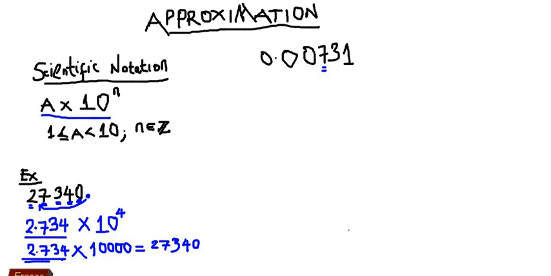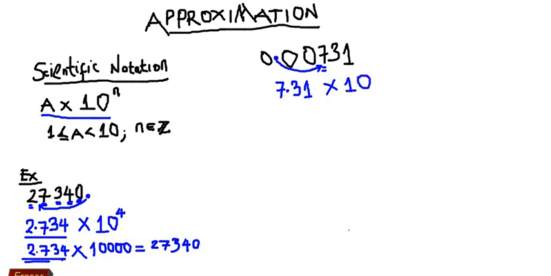So in this number we have to bring our decimal point to between the first 2 non-zero digits, so that we have a number which is less than 10. It should be greater than 1 but less than 10. So our number is going to become 7.31. Then 7.31 we say times 10, which should show the number of decimal places that we have moved.